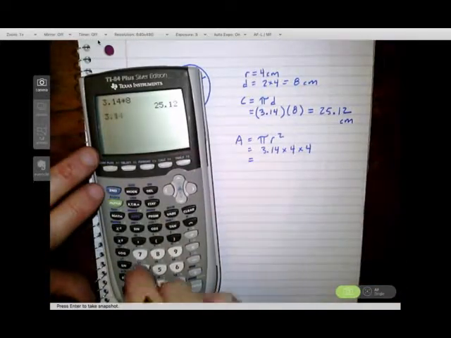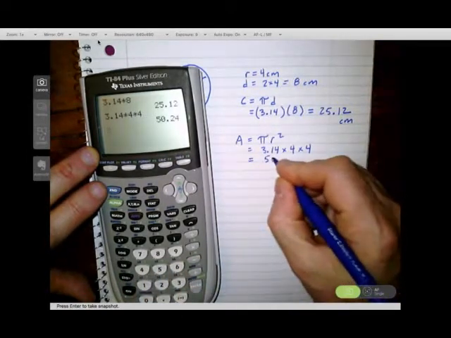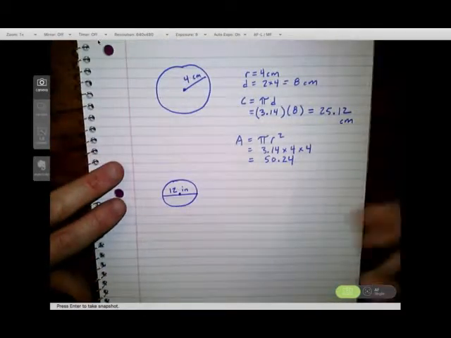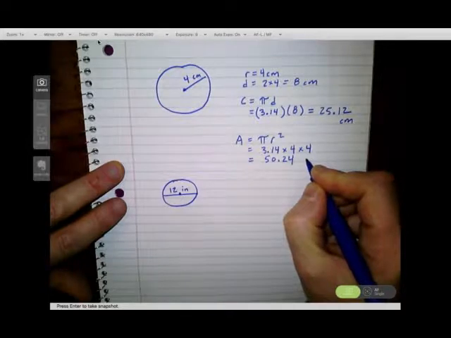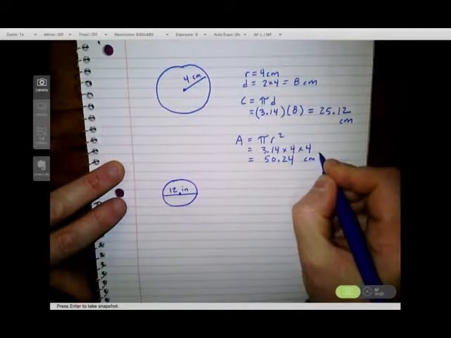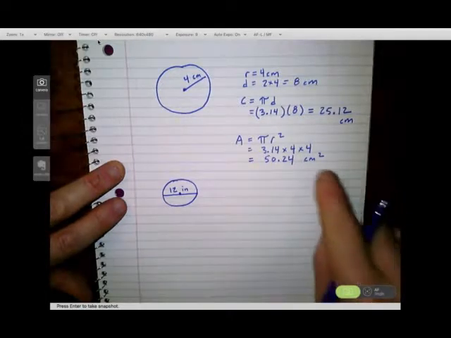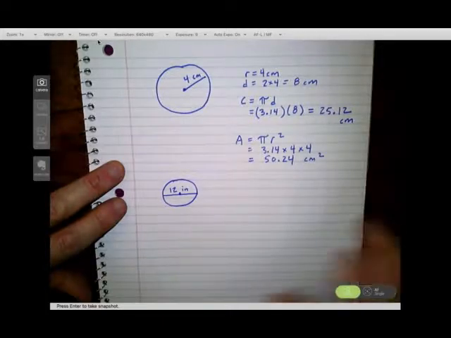So 3.14 times 4 times 4 is going to be 50.24. Okay, and the units for area, again, are always squared. So these are going to be square centimeters, or centimeters squared, as I like to write it. You could write SQCM also if you want, but I like to do it this way with the little exponent of a 2. Okay? So here's the next one.